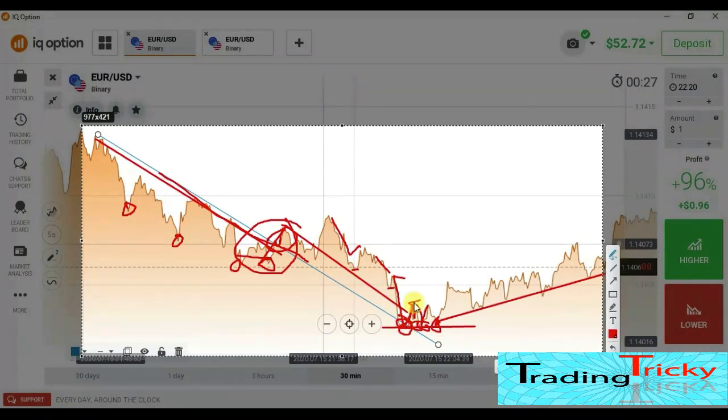It went up and is still maintaining this line, but after that, see, it didn't break this level. This line will come later, but it didn't cross this trend line, and again it went almost to this level.